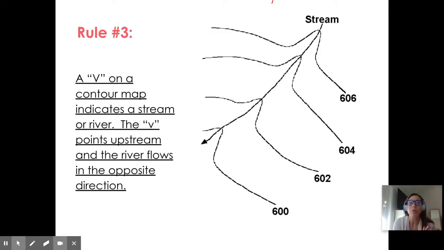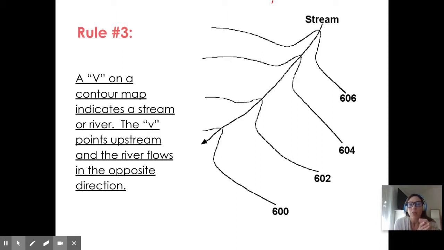Okay, rule number 3. I used to call it the rule of V's, but I don't think you need to do that. When you see a V, or a little bit more of a U shape, on a contour map, that tells us that there's a river running through there.